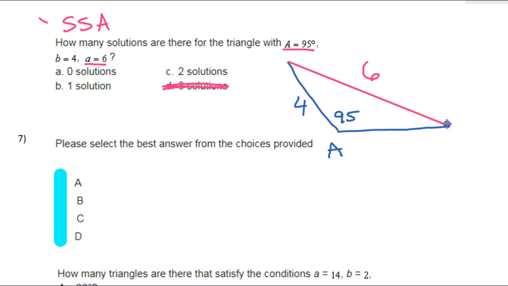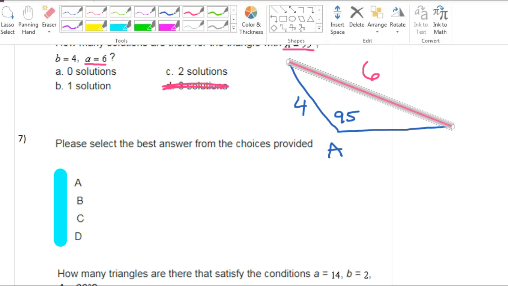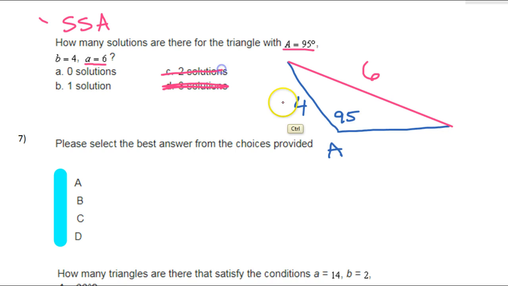When you have an obtuse angle like this, it only fits on the outside. There's no way to bring this 6 anywhere else. So there's no way it's going to be 2 solutions. In general, write this down: if the angle is obtuse, it's either going to be 0 solutions or 1 solution. Those are the only possibilities for an obtuse triangle.